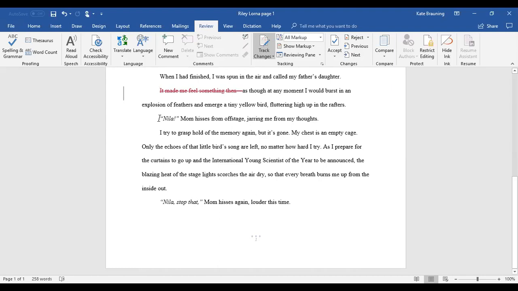And then, of course, we're brought back to the present. What I would do, though, is I would cut this. This phrase shows up in almost every instance of a character being lost in thought and then coming back to the present. We get jarring me from my thoughts, or I jump back to reality, or someone makes an obvious comment about it. The reader is going to know what happens.